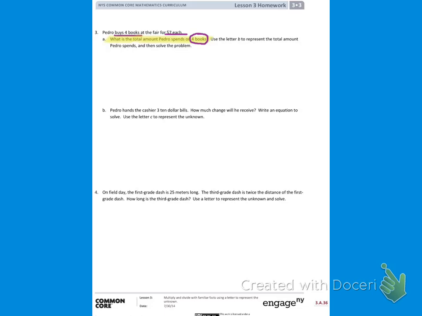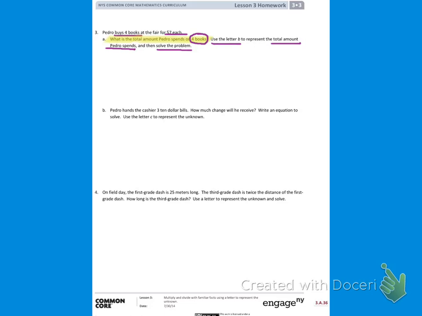Now I'll underline the directions to use the letter B to represent the total amount Pedro spends, and then solve the problem. Now I know what I'm being asked to do.